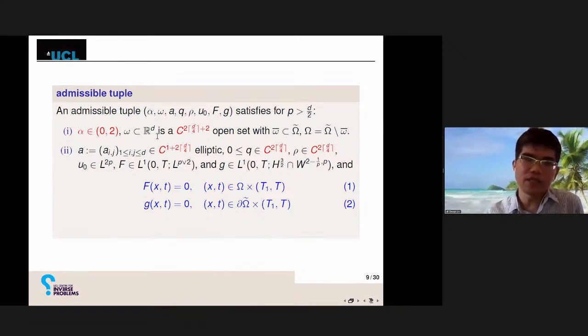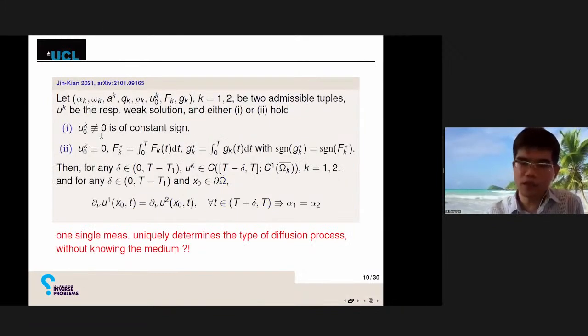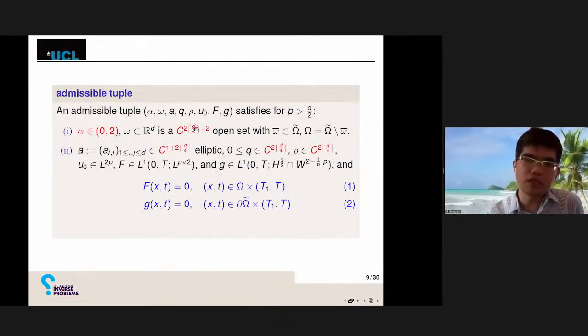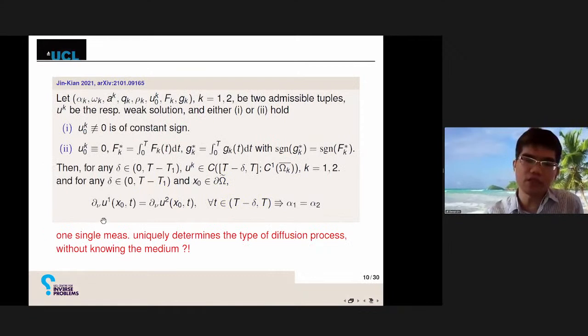And then surprisingly, just based on these very minimal assumptions, one can show that, given this one piece of measurement on this small time interval, we can find this fractional order alpha.